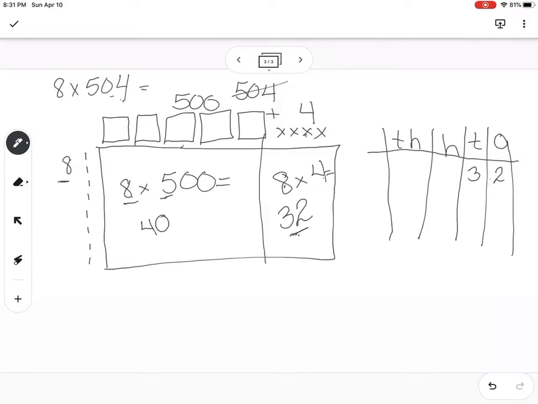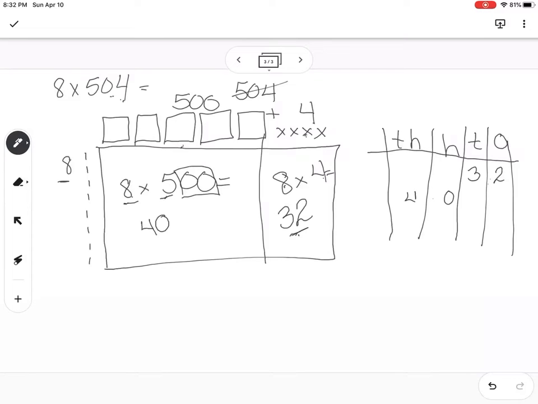Now I know this is 40 hundreds, right? Because that was 500. So the 40 needs to go in the hundreds place. Some of you are probably thinking this is the same as when I put the 32 in the ones place. That 3 had to move over one spot. It can't just crowd in with the 2. You're right, this 4 needs to move over one spot. It can't just crowd in with that 0.